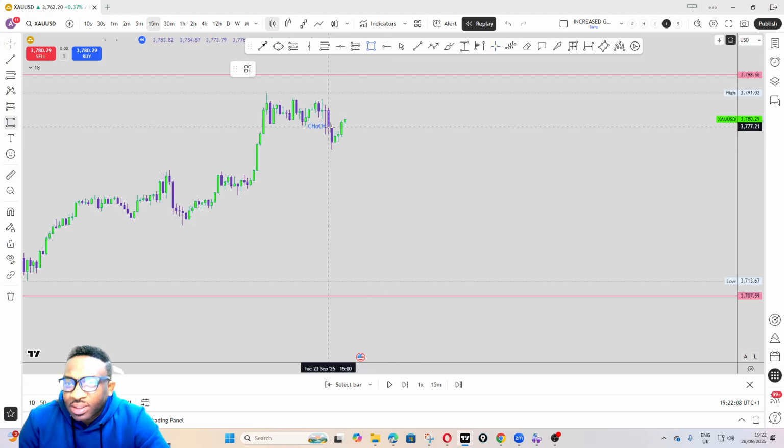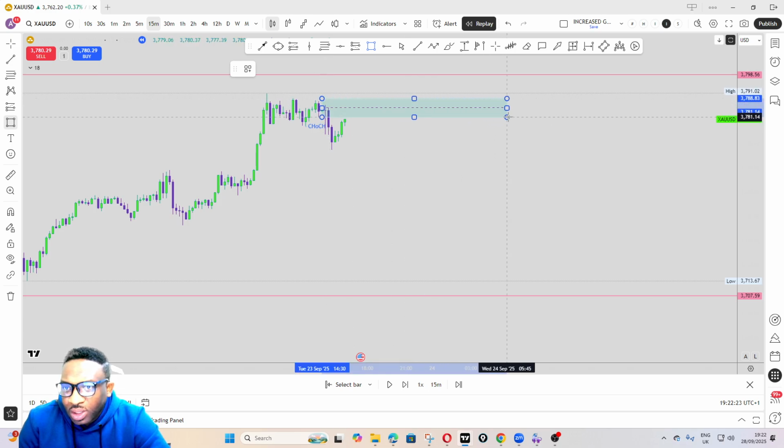We want to see the last indecision candle that was put in before the move that caused this change of character. So I will pick this candle here, this whole candle right here.